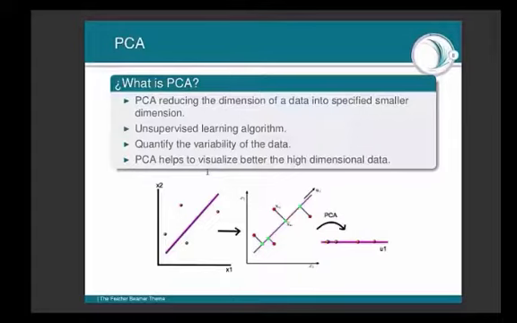In this graphic, we can see different points of our dataset. If we plot this line in this direction, we consider the projection of the points over the line. Now we have a new projected dataset.